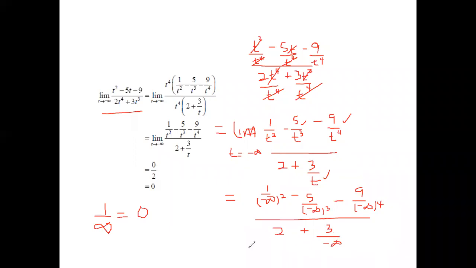Okay, good. So when we go here, 1 divided by infinity squared will be 0.